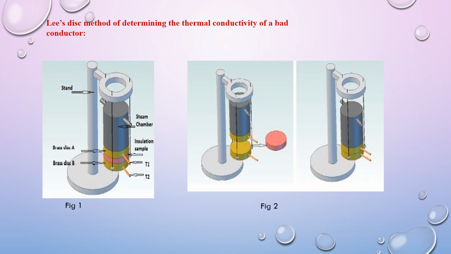It is provided with an inlet and outlet by which steam is allowed to circulate. The specimen is taken in the form of a thin disc C of the same diameter as D and S. It is placed between D and S. Here there are holes in S and D into which thermometers T1 and T2 can be introduced.